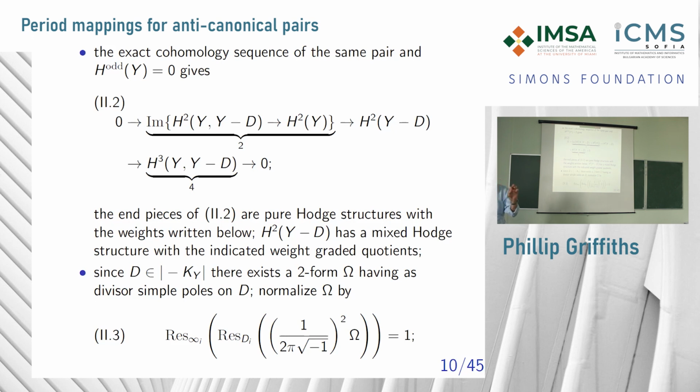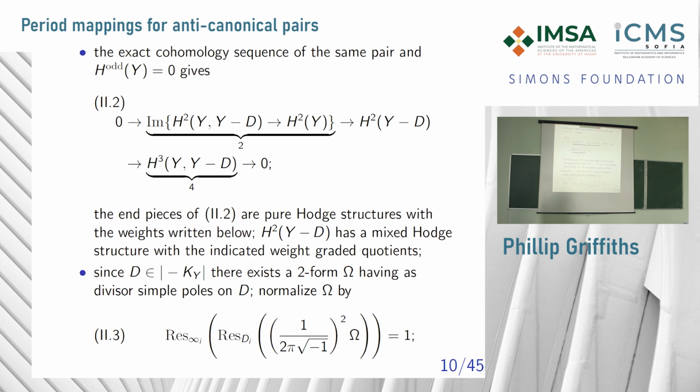So we need a 2 form. The 2 form is just the form that gives you the identification of this divisor with the canonical. Okay? So there is up to a scale a unique 2 form with first order poles on this divisor. So it's a 2 form having simple poles here.